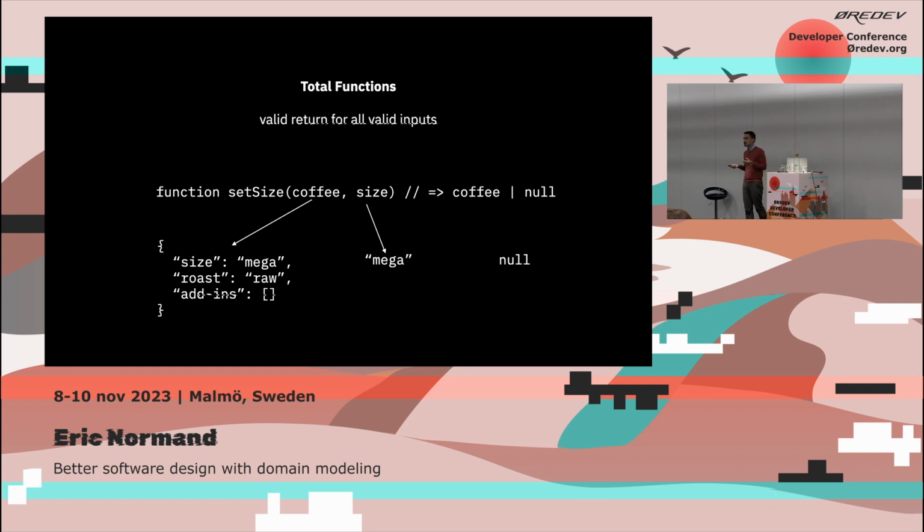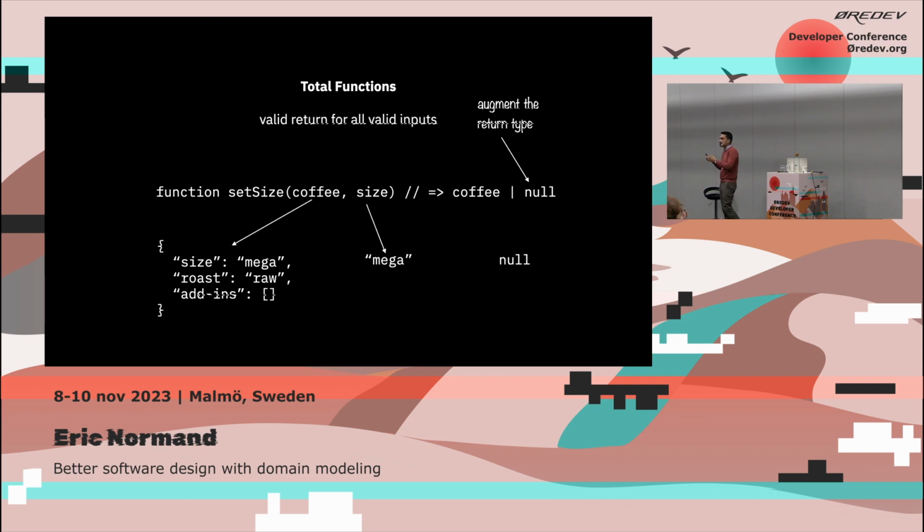So total functions are functions that give you a valid answer for all valid inputs, all valid arguments. We have three options, right? There are three parts to our function signature. One option is just to augment the return type.